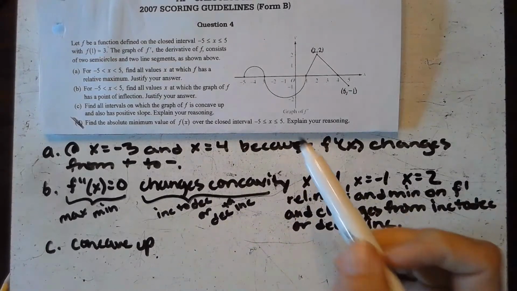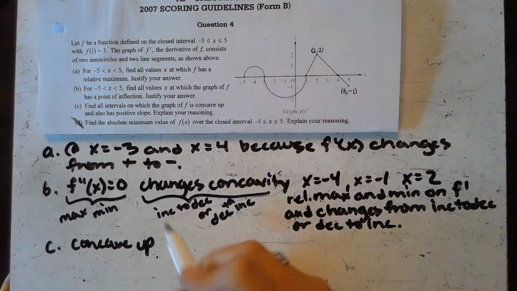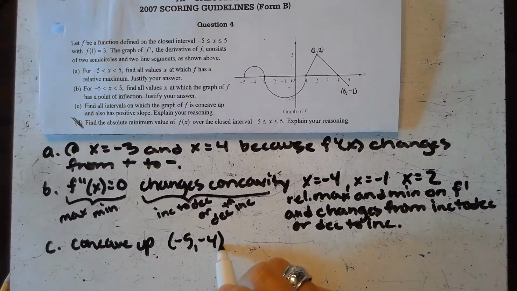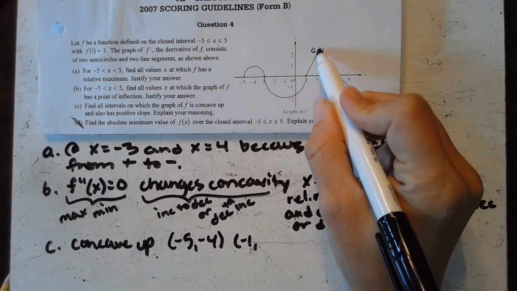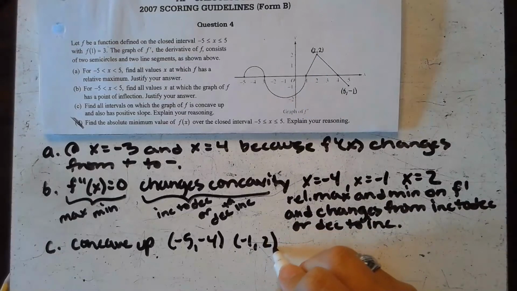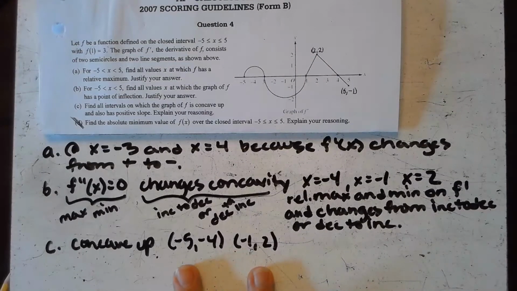So let's just look at that. So it's increasing from -5 to -4. Okay, it increases again from -1 to basically 1, and it keeps increasing all the way to 2. Okay, and then it decreases again. Okay, so far we got that.